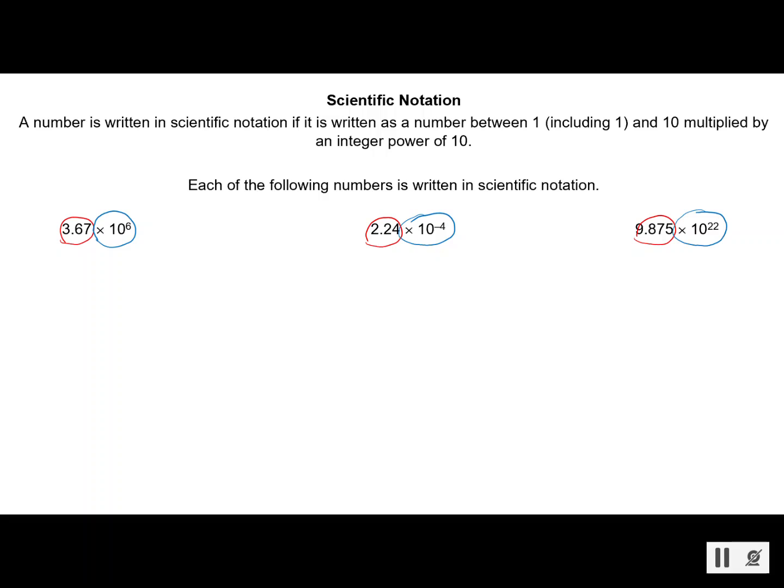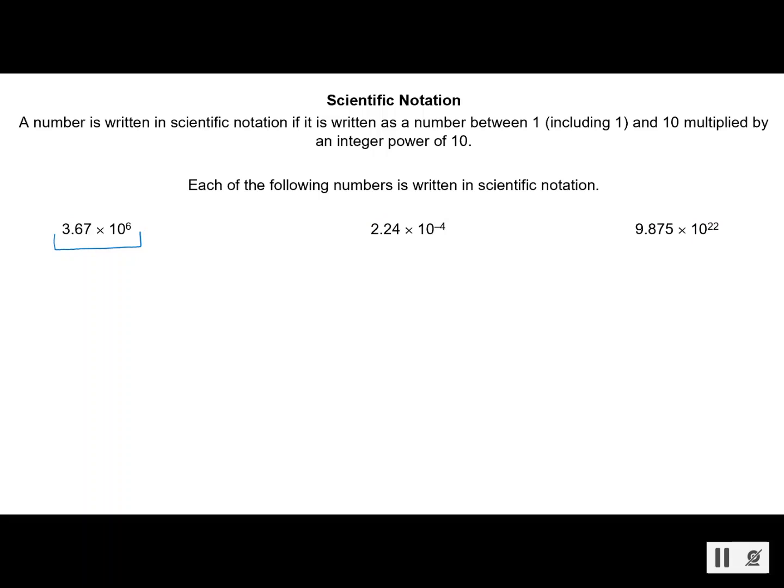So now let's go back through each one of these examples. Now that we know that these are numbers written in scientific notation, let's talk about what kind of numbers each one of these examples are. So if we look at our first example here, 3.67 times 10 to the 6th power, when we look at that number written in scientific notation, can we look at it and determine if that's a big number or if it's a really small number?